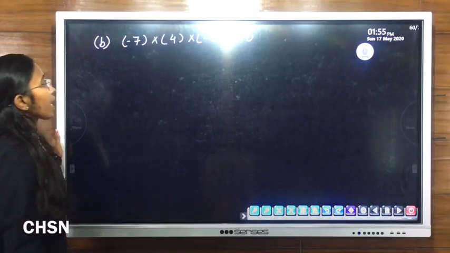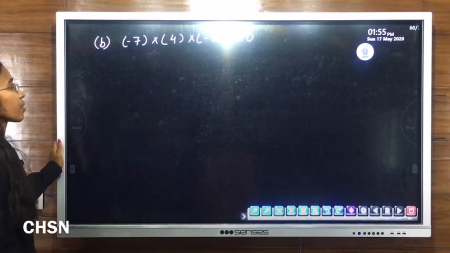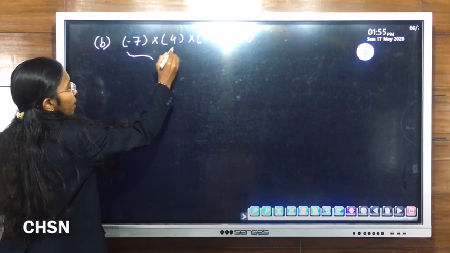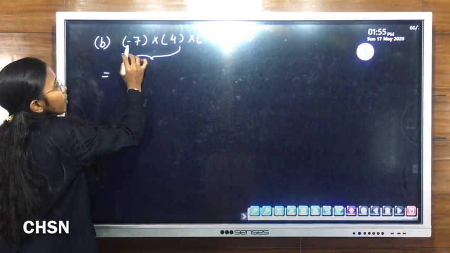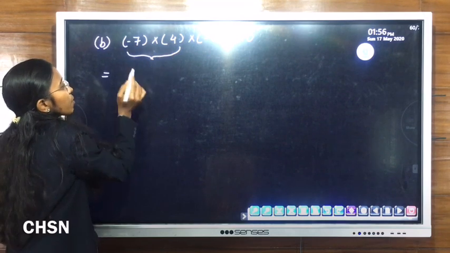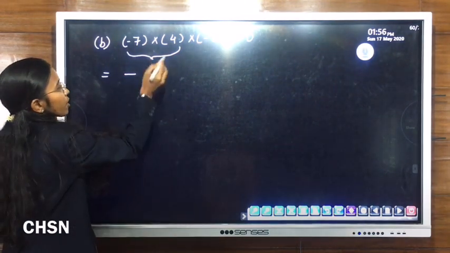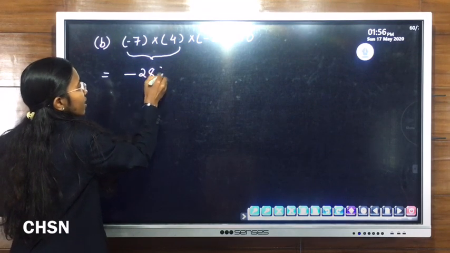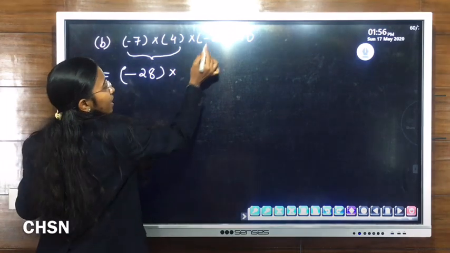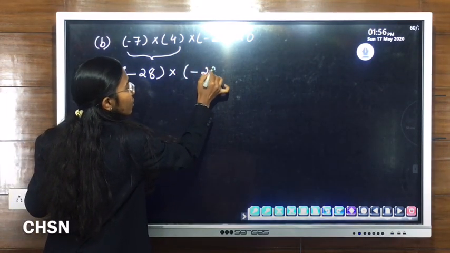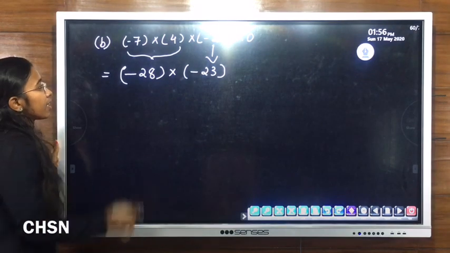B part, minus 7 into 4 into minus 23 into 0. So first we are multiplying these two integers, that is one is negative and one is positive. So our sign is always negative. 7 fours are 28, minus 28 into, and next that is minus 23. So this integer we are writing here.